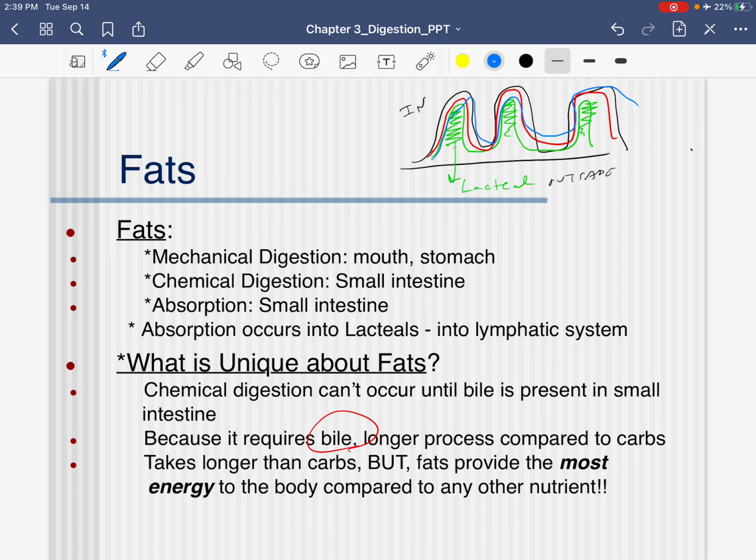So what happens is, when we absorb carbs, we absorb carbs from inside the small intestine through the villi into the bloodstream. We absorb into blood. It is the same thing that we're going to find out with protein.